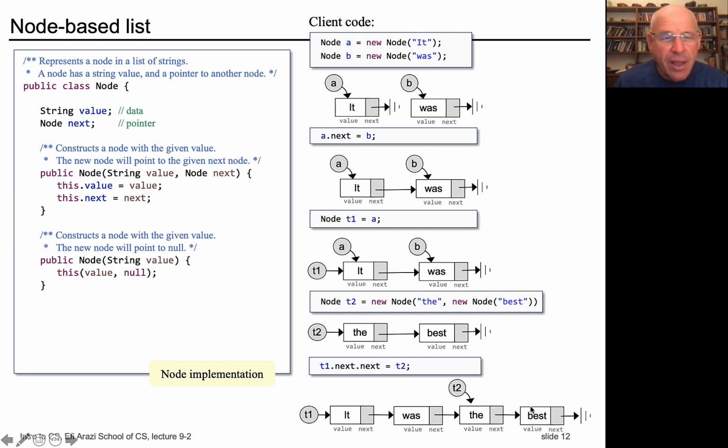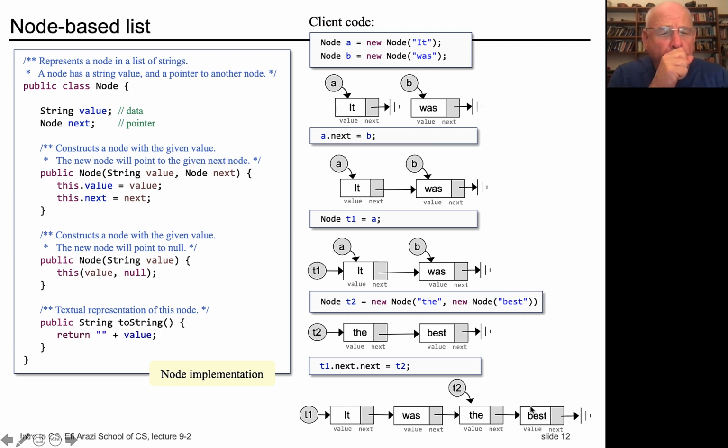All right. What about toString? toString simply gives me the value of the node, so I'm going to return the value. Well, I did here something which is unnecessary.